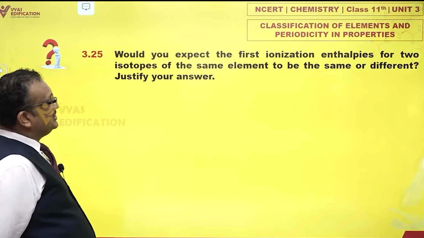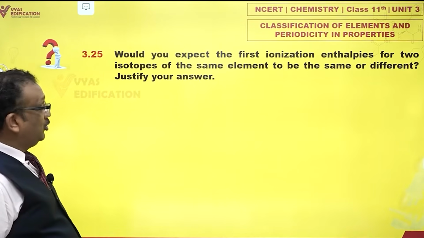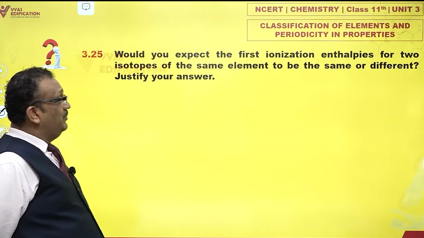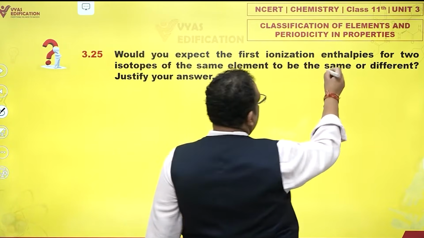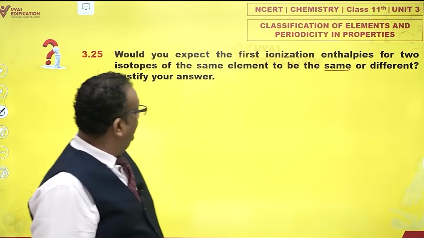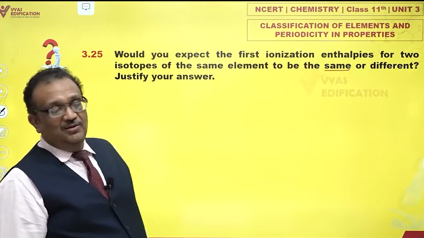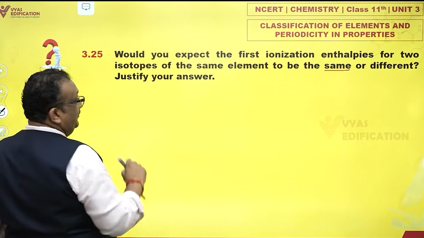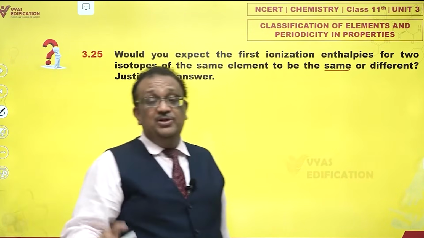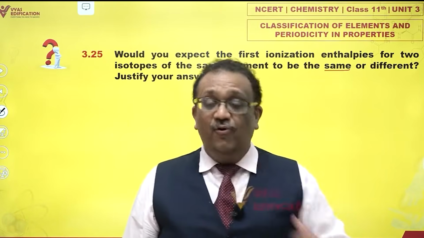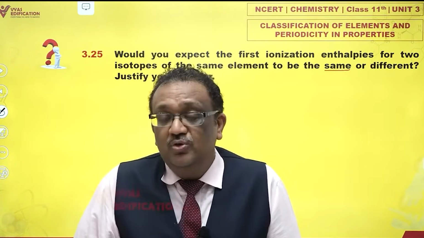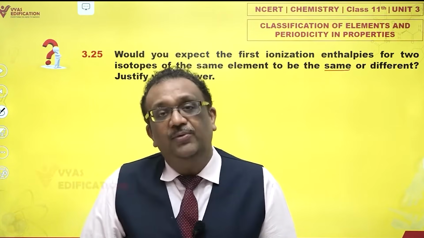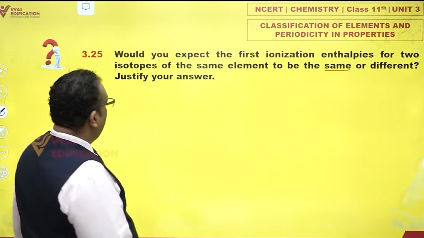Would you expect the first ionization enthalpies for two isotopes of the same element to be same or different? We would expect ionization enthalpies to be the same. Justify your answer. That's very simple. See, ionization energy depends on the net force of attraction exerted by the nucleus on the outermost or the most loosely bound electron, right?